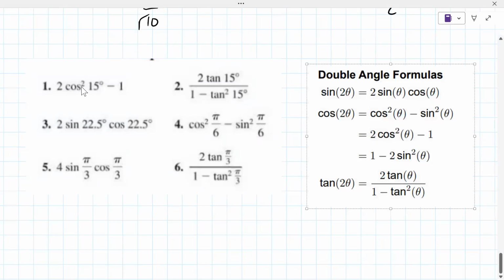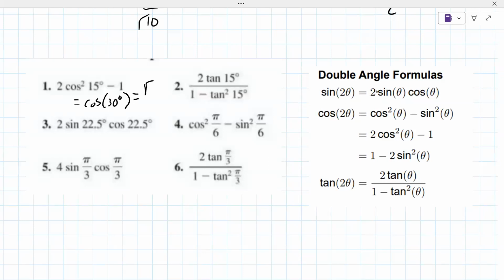Number one looks like this formula here. Notice that the theta is not the 2 theta. So number one is equal to the cosine of 30 degrees, which is a value that you're supposed to know: square root of 3 over 2, from the unit circle.